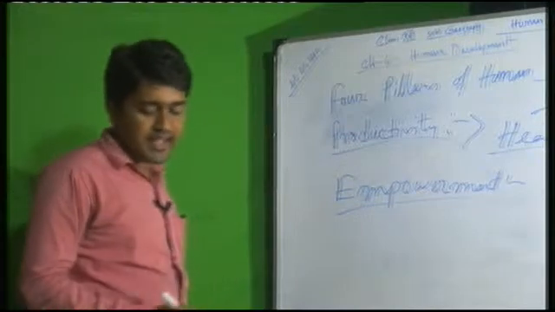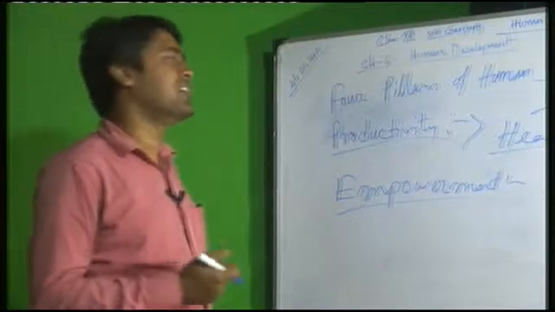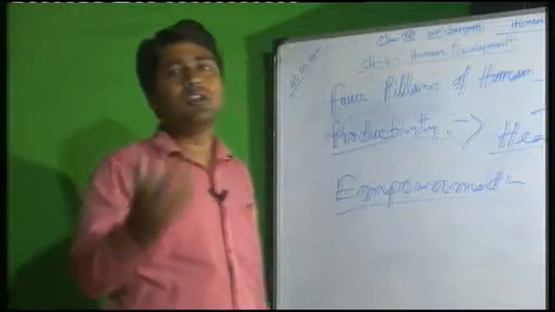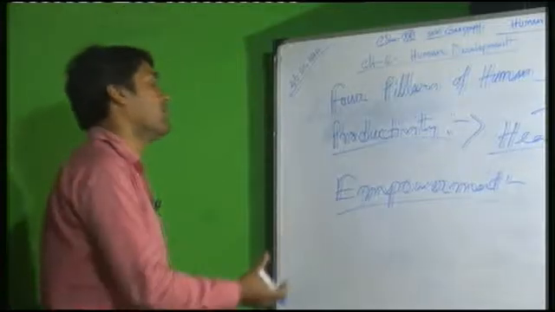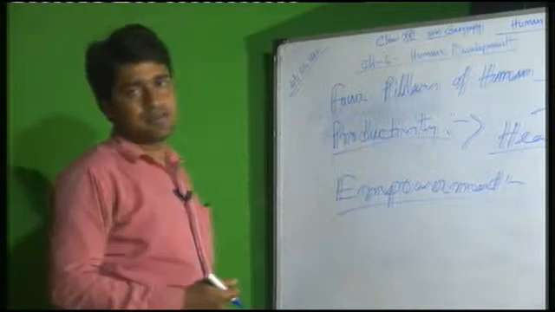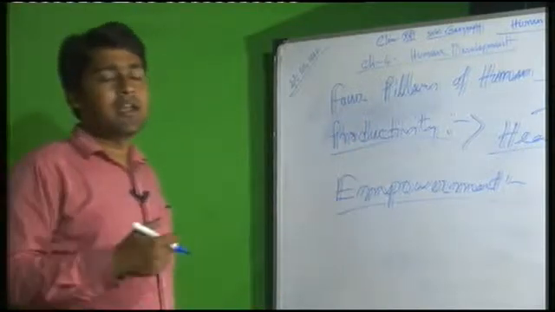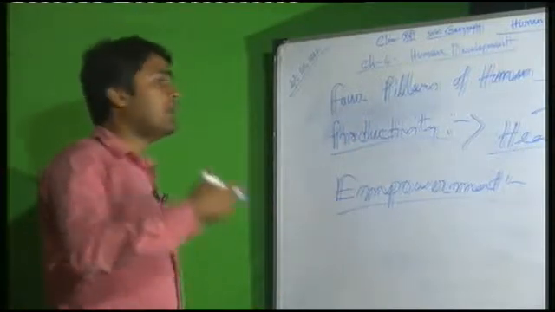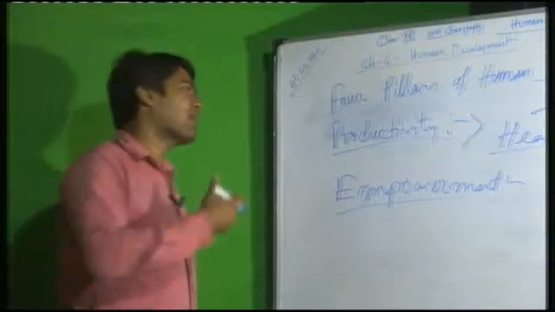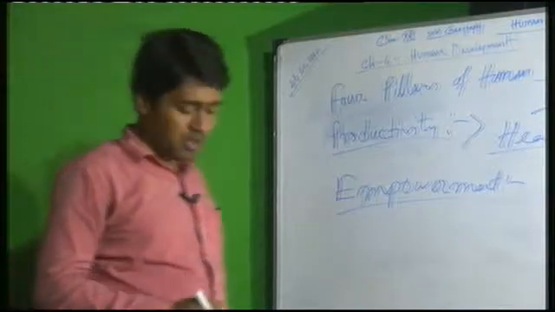Now, good governance and people-oriented policies: you have seen the government has introduced some policies and programs which encourage people and help them do other good work. This is the concept of empowerment.